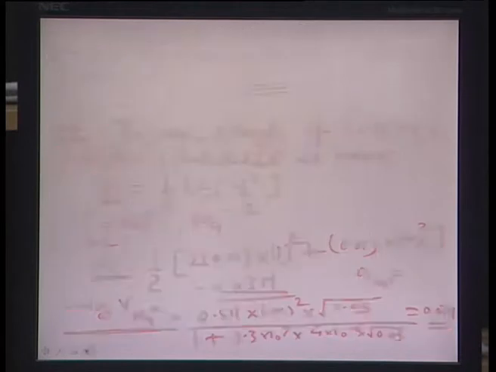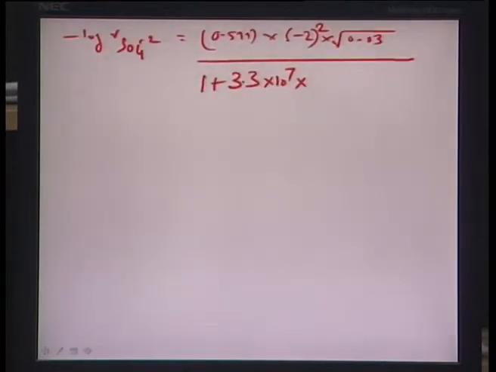So, essentially the ion size parameter A for SO4 -2 should be about 4 times 10 to the power -8 centimeters as before. Mind you, again all these equations are in terms of CGS units. So, apart from the molarity, which is a standard universal unit, the other components of the equation have the corresponding CGS unit, centimeter gram second.